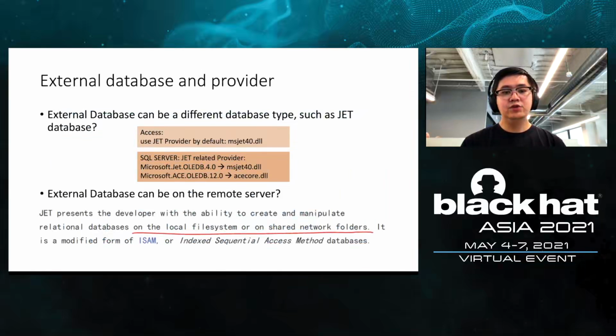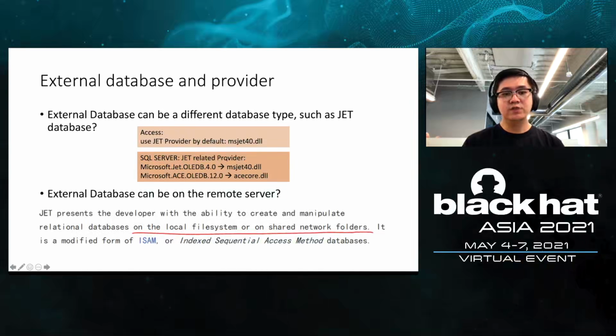Access uses the Jet provider by default, so it will use MS Jet 4.0 to do the cross-database SQL query. Is it possible to use Jet to do cross-database queries in SQL Server? The answer is yes.